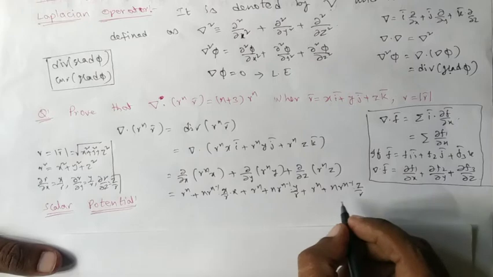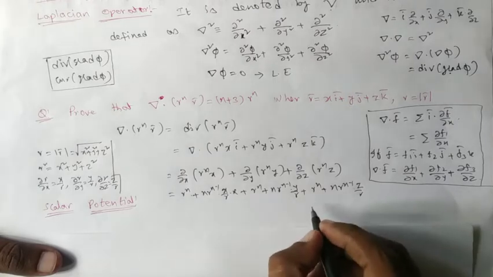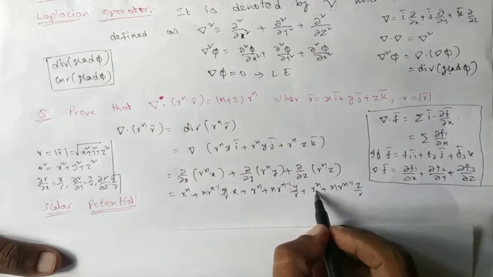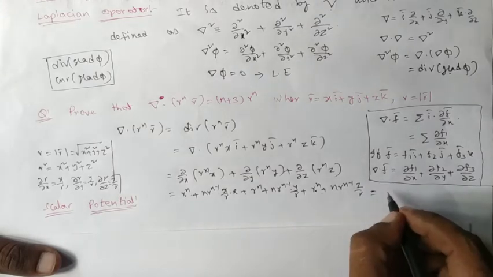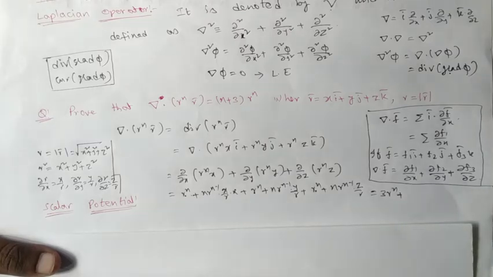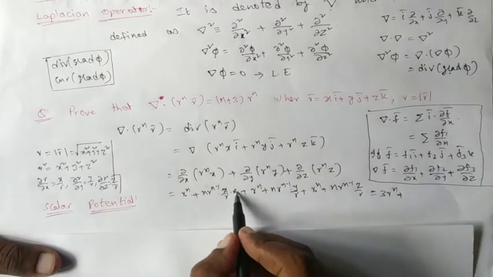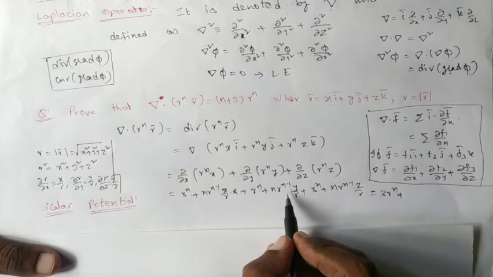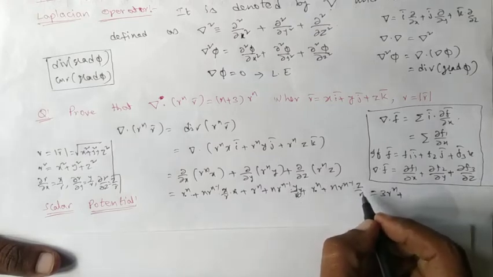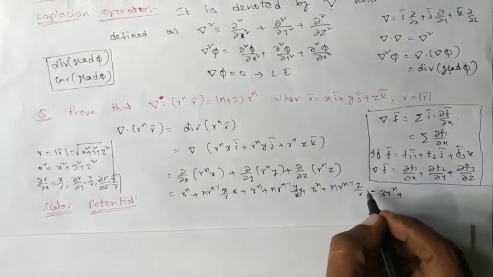When you are simplifying it further, rⁿ, rⁿ, rⁿ, three rⁿ's are there, so I may write it as 3 times rⁿ plus. Once you observe that it is x², this is also y into y, and here it is z.